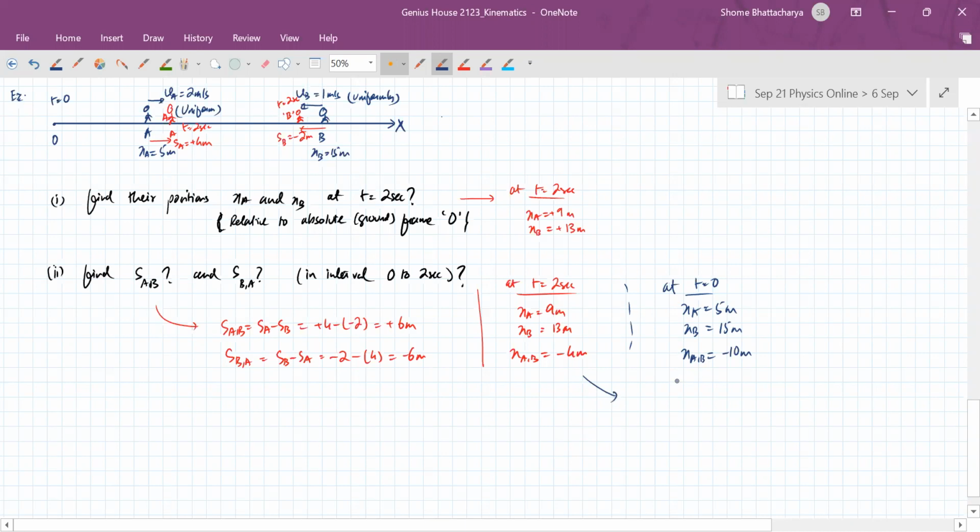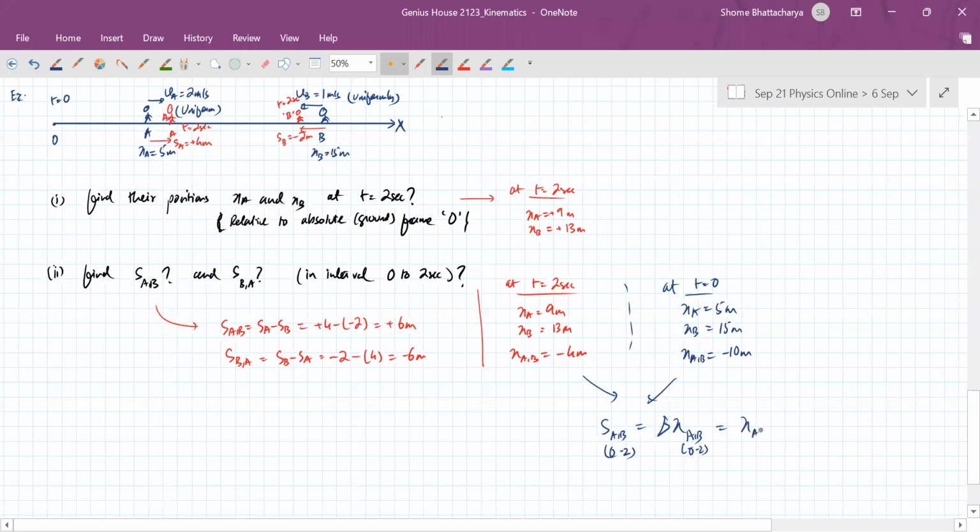Okay. So from this you can see that the displacement of A with respect to B from 0 to 2 seconds is the change in position of A with respect to B in 0 to 2 seconds.